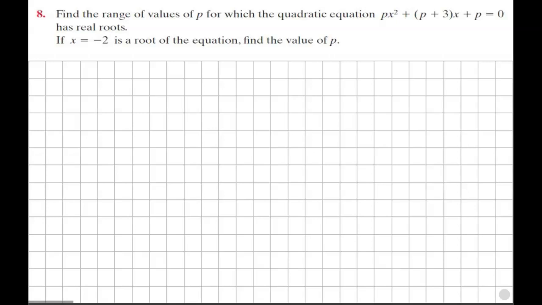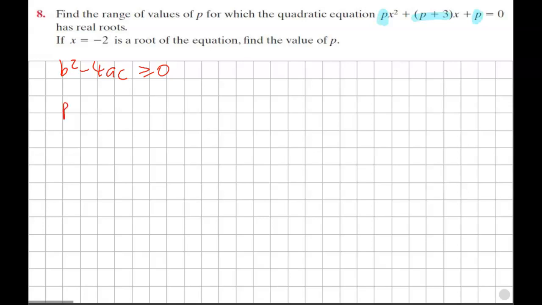It has real roots. So real roots, again, what we're wanting is discriminants being greater than or equal to 0. We want to take my values of a, b, and c and use those in that discriminant.